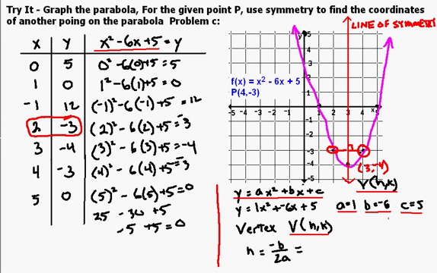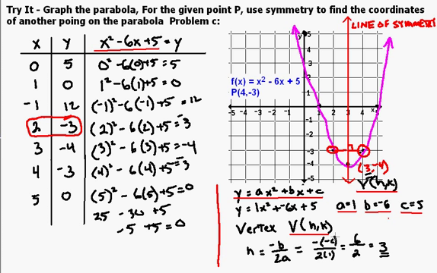Our b is negative 6, so we have negative negative 6 over 2a, and a is 1, so 2 times 1. Two negatives make a positive, so we have 6 over 2, and 6 divided by 2 is 3. We just got the x coordinate for our parabola. So it's 3.